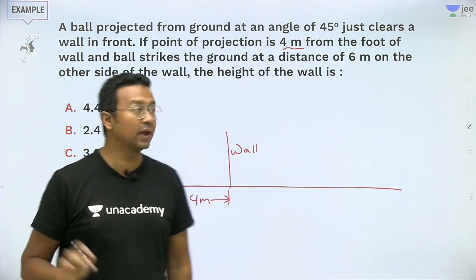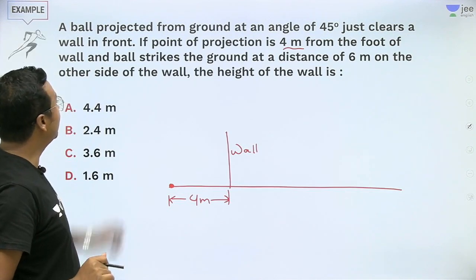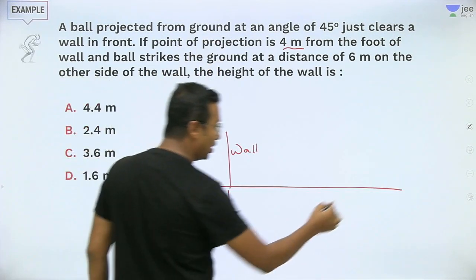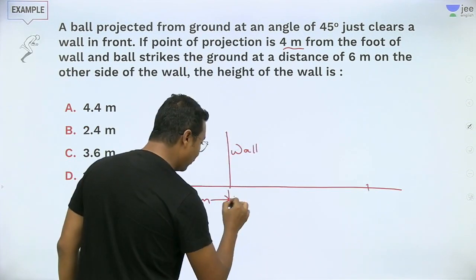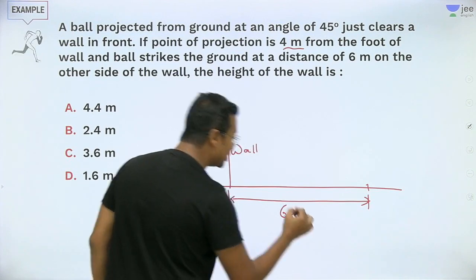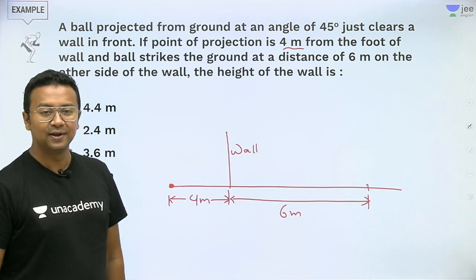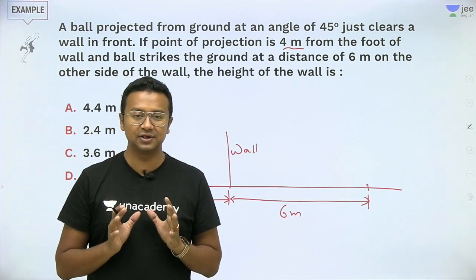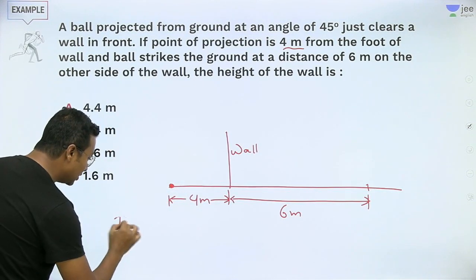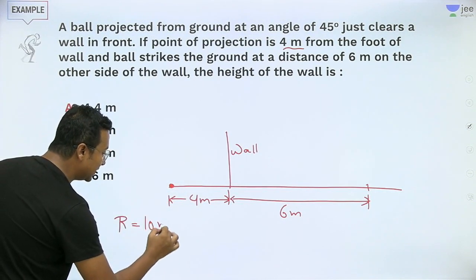And the ball strikes the ground at a distance of 6 meters on the other side of the wall. So, from here to here, the distance is 6 meters. So, what is the total range? The total range would be equal to 10 meters.